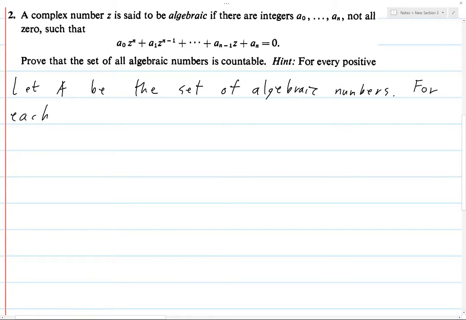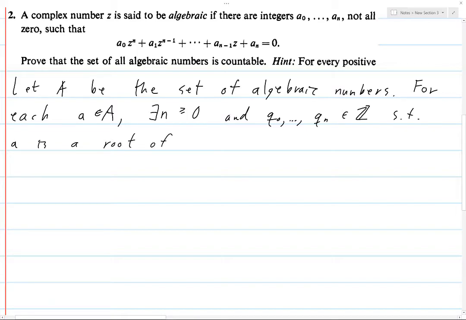So for each a in A, there exists an integer n greater than or equal to 0, and there exist q0 all the way up through qn in Z such that a is a root of the polynomial q0 plus q1 x plus q2 x squared plus all the way up to qn x to the n.